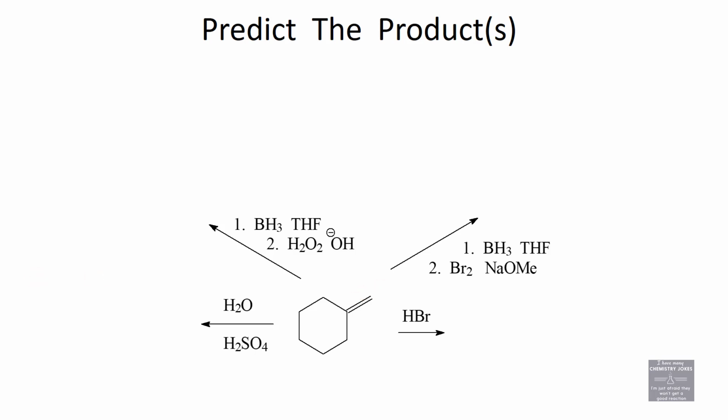Carbocation is going to form on the primary carbon or the tertiary carbon. Obviously, the tertiary carbon. Then bromide is going to attack, and we get that. That is our one and only product. This product has no asymmetric carbons, so I do not have to worry about dashes and wedges. I get to leave it alone as is.